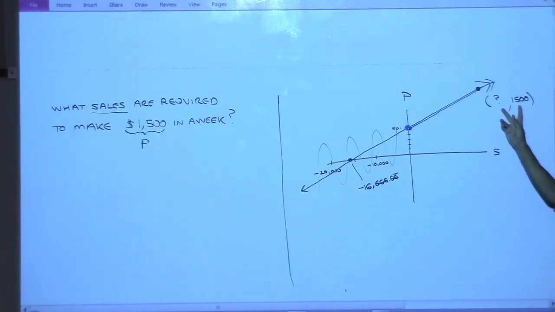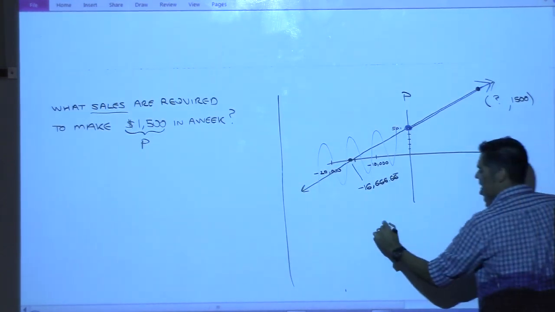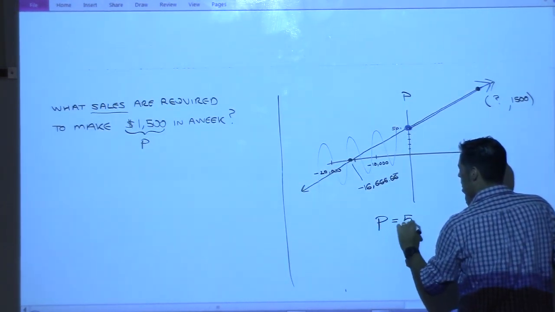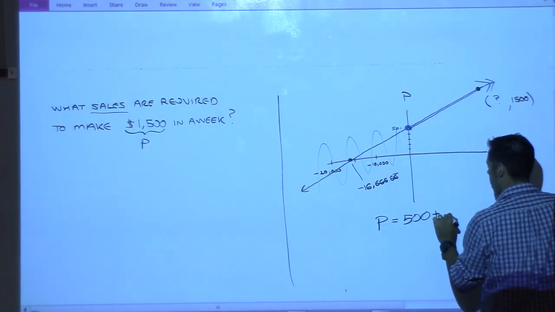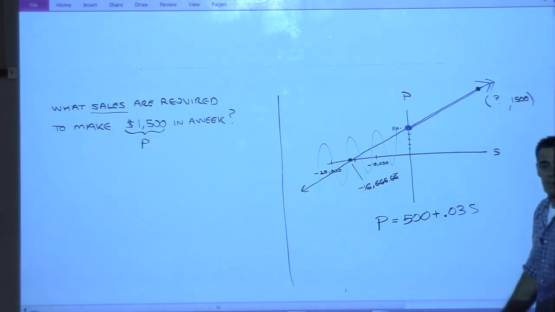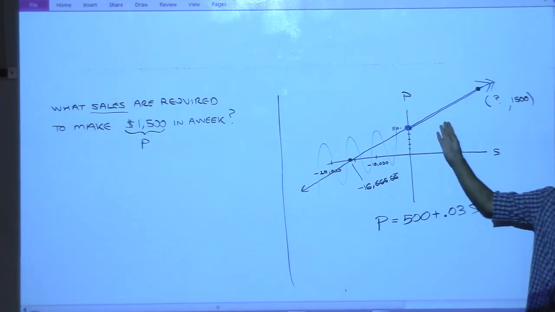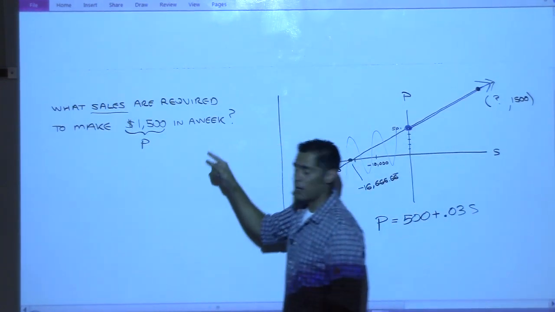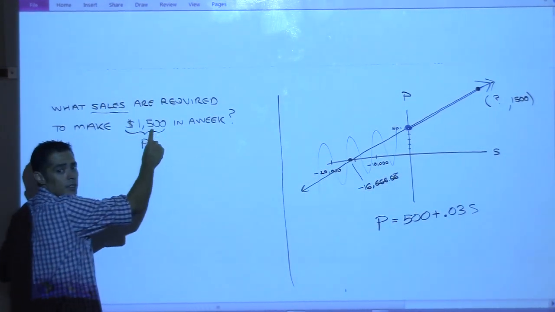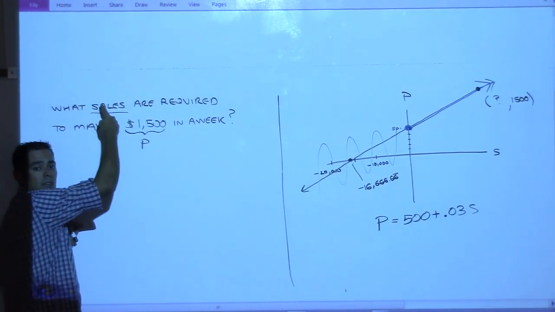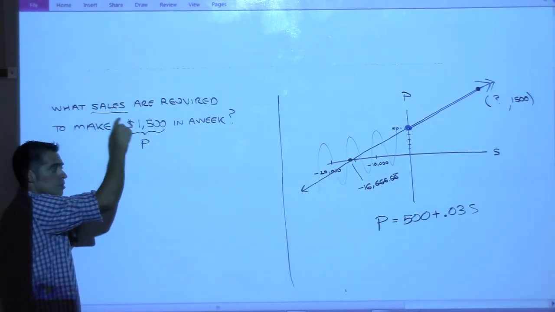Now remember, we had an equation, didn't we? What was our equation? We came up with this on our own. It was P equals 500 plus 0.03S. That's the thing we were working on. That's what we graphed. This question is saying, if P is 1,500, go find sales. So use that equation.